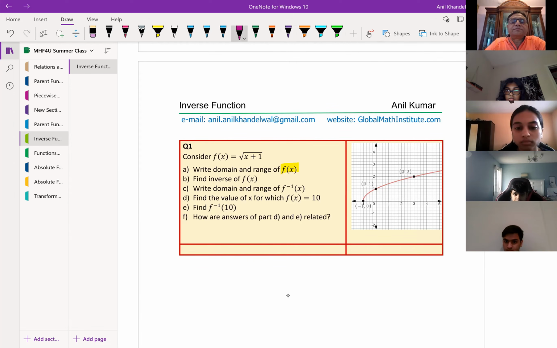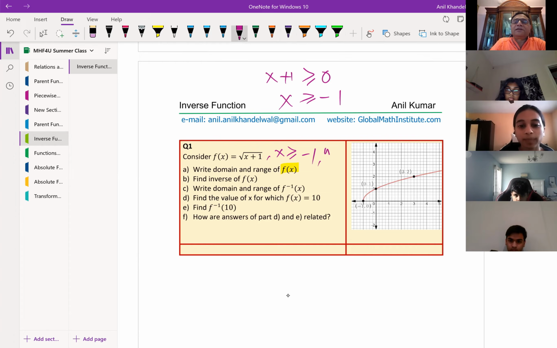Okay. Domain is x equal to all real numbers such that it is greater than, is that -1? -1 is correct. Yeah, because that makes it 0, right? Yes. You have to write x plus 1 has to be greater than equal to 0. So x is greater than equal to -1. That is how you get the domain, right? Okay. Yeah, and y is greater than equal to 0.